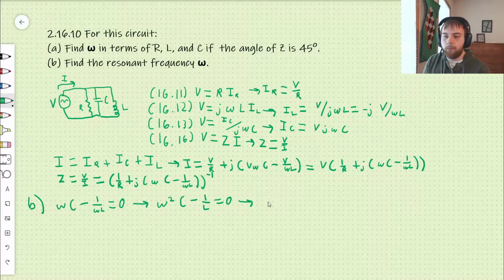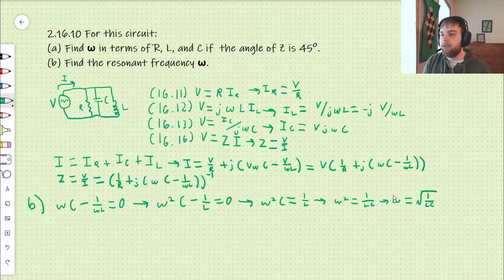So this becomes omega squared c equals 1 over L, which further becomes omega squared equals 1 over LC, which then finally equals omega equals square root of 1 over LC.